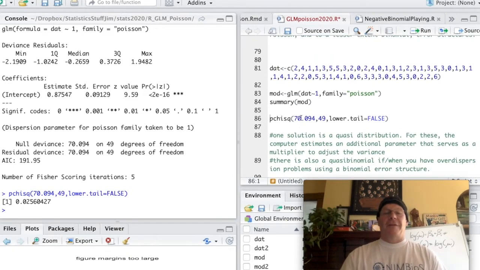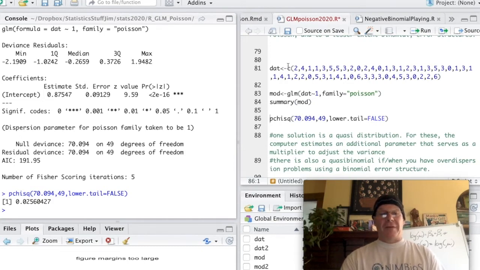One solution to this is what are called quasi-distributions. Quasi-distributions were developed explicitly for this problem of overdispersion. All that's happening in a quasi-distribution is that the computer iteratively calculates a dispersion parameter that will serve as a multiplier, so that we increase the standard error around our point estimate of our parameter.